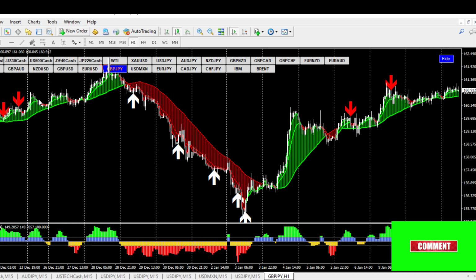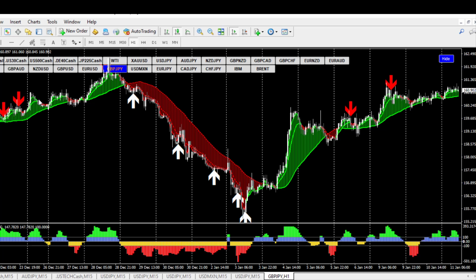Some pairs, it would be good that you use it on higher time frame like 1 hour, 4 hours, so that it will give you accurate result. Some is on 15 minutes, 5 minutes time frame. So it depends on what pair you want to trade. Kindly check the history and see which of the time frame produce best result for this particular strategy.